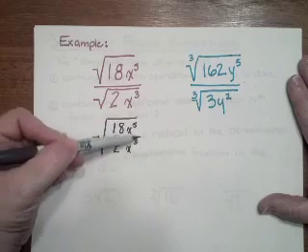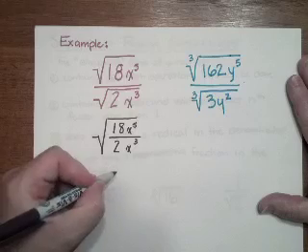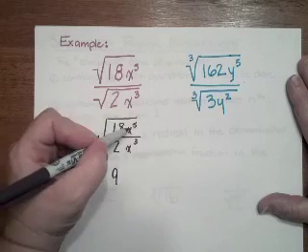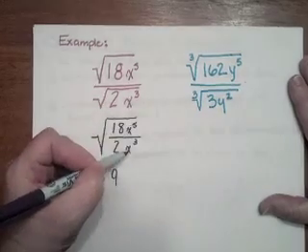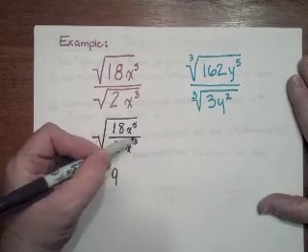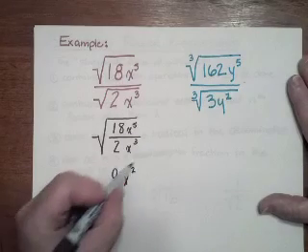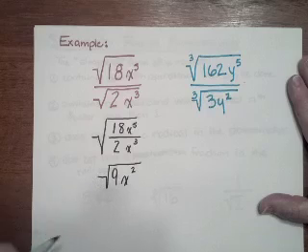Now I can simplify my radicand. 18 divided by 2 is 9. X to the 5th divided by x to the 3rd. When I'm dividing powers, I subtract the exponents. So 5 minus 3 is 2. And I'm taking the square root of all that.